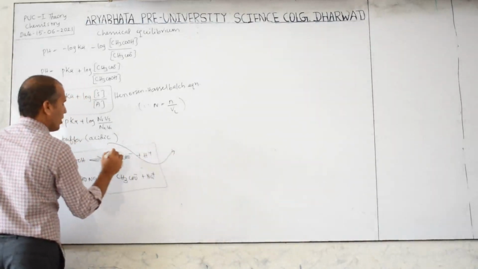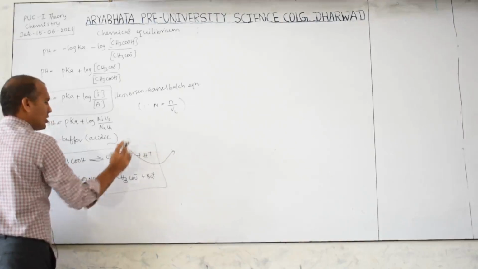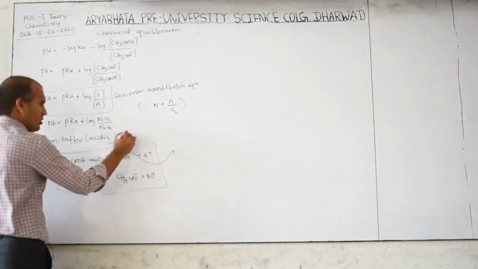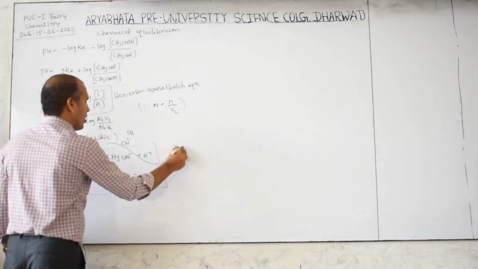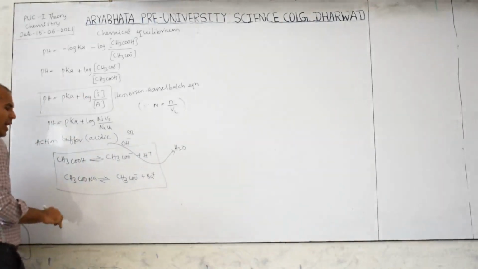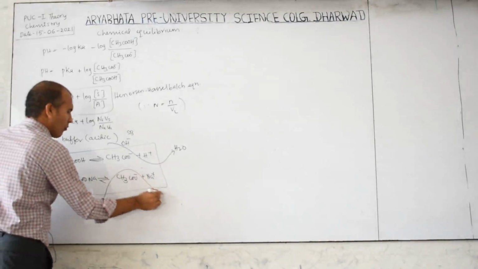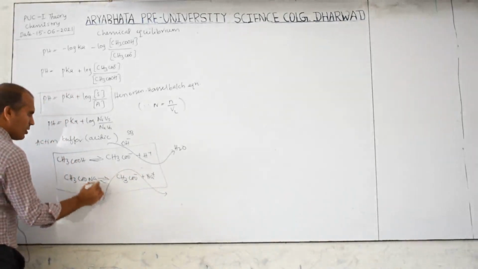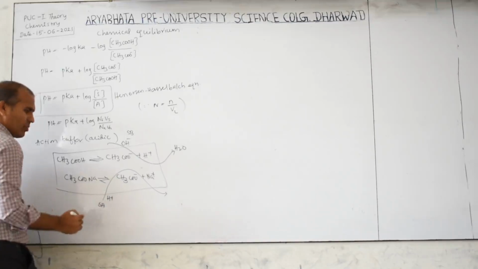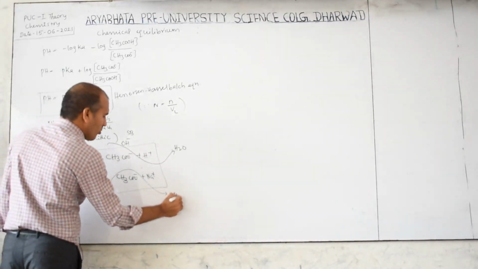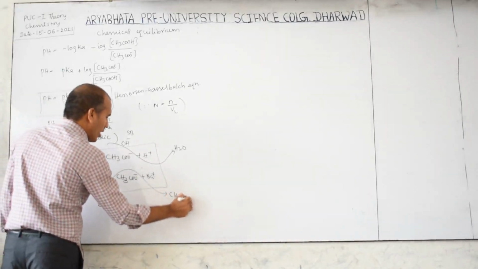If you add, then OH minus, this OH minus comes from strong base, then H plus and OH minus come to form H2O. If you add acid, strong acid produces which one? H plus. Then this will be converted into CH3COOH.